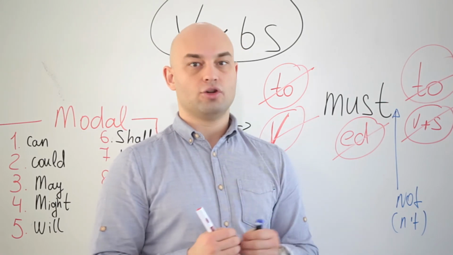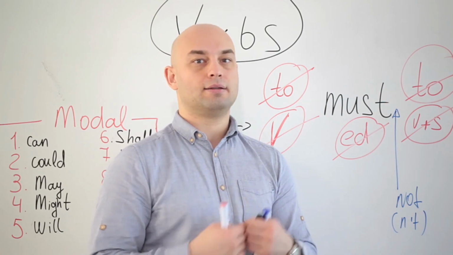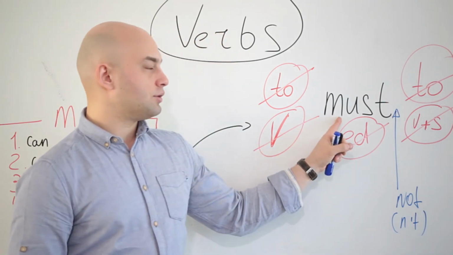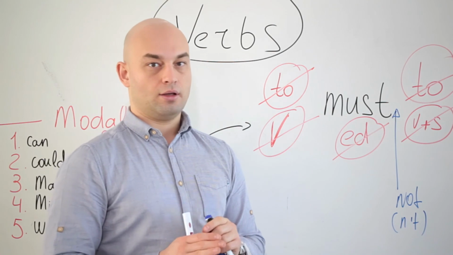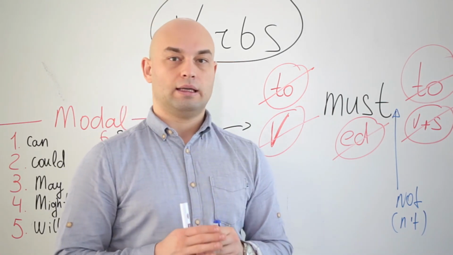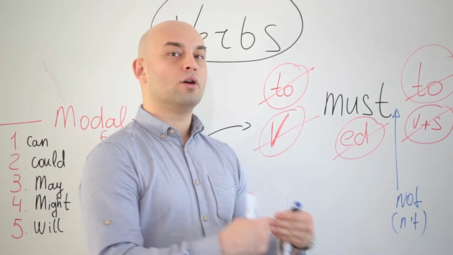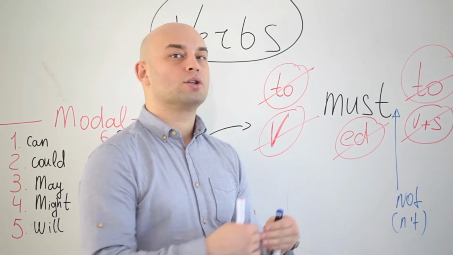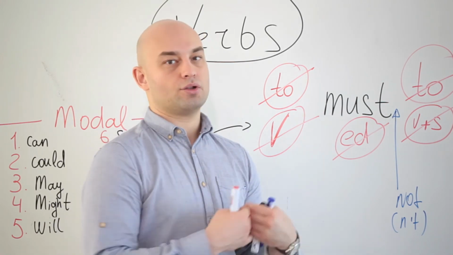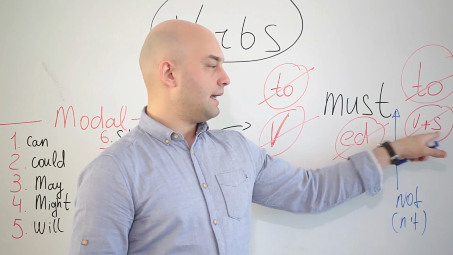He goes, she goes, or it goes, but not after must. If you have a must, it's it must go, she must go, they must go. So there's no s ending.